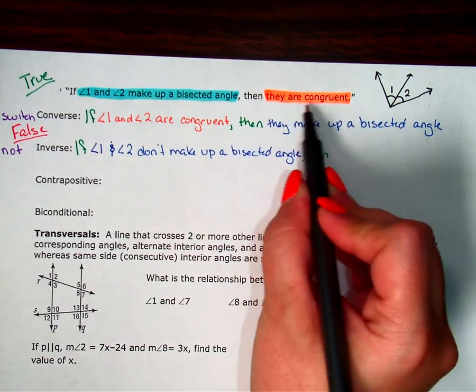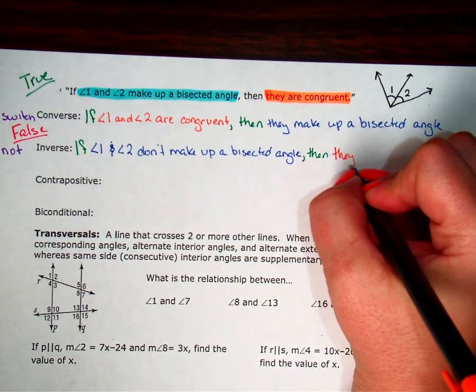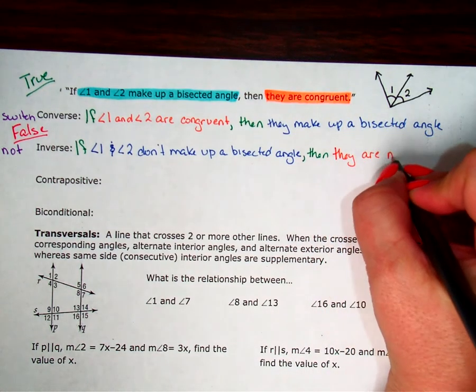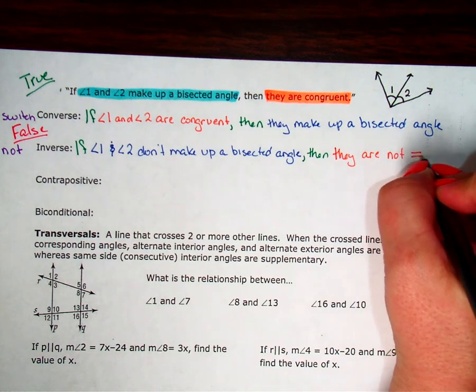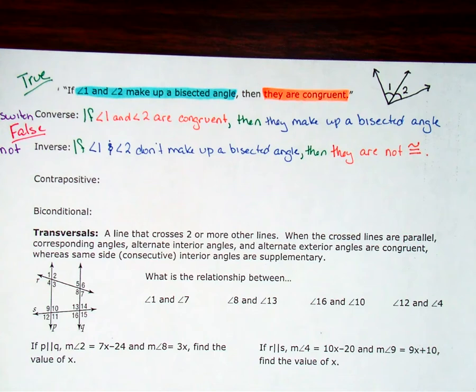They are congruent. I need to put a not in there, so they are not congruent. I'm going to use my congruent symbol. Okay, so if angle 1 and angle 2 don't make up a bisected angle, they are not congruent.